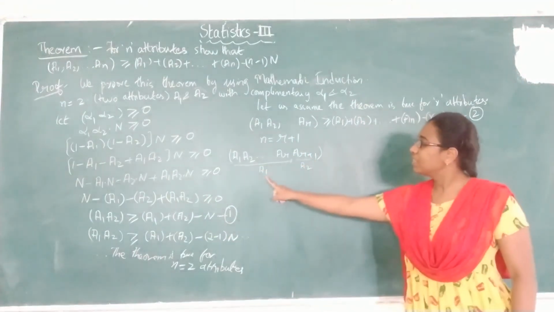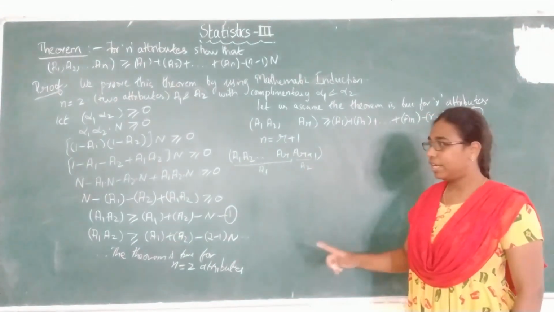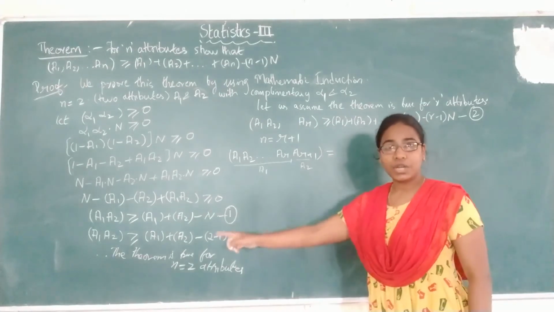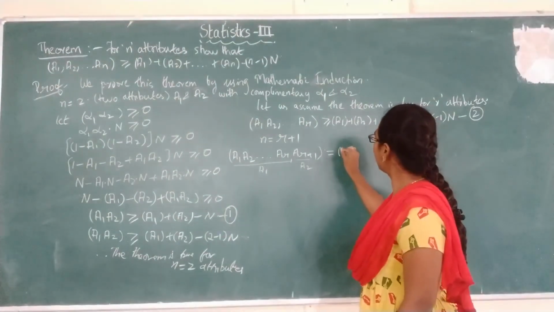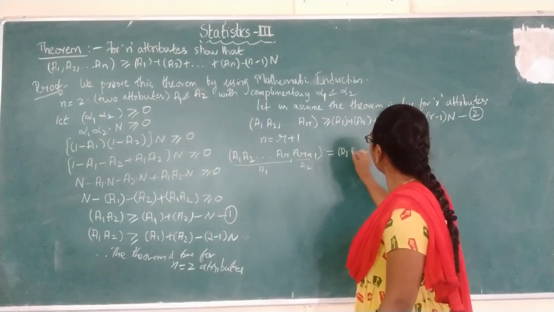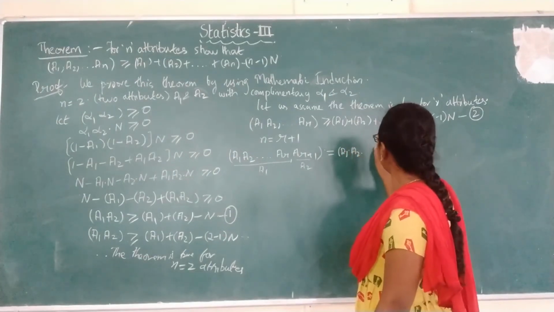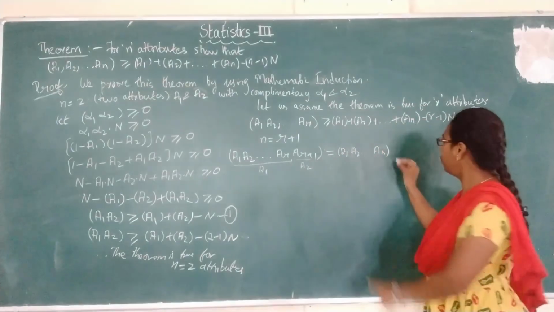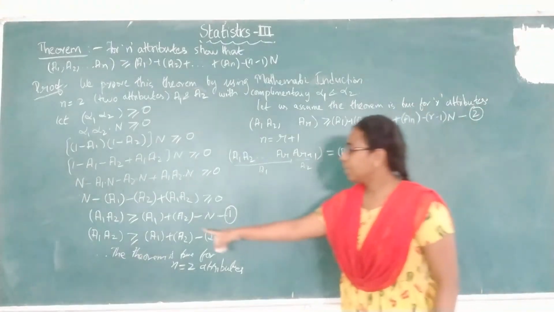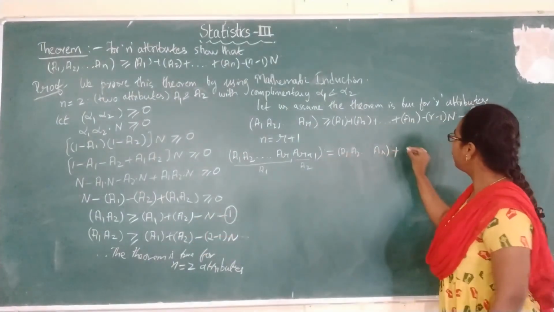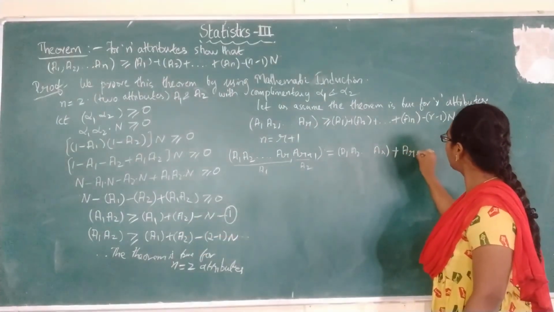So if you consider this as a1 and this as a2, by comparing with equation 1, what will you get? First you write the a1 value, that is a1, a2, so on, ar. So up to ar it is the a1 value, plus here you have a2, which is ar plus 1.